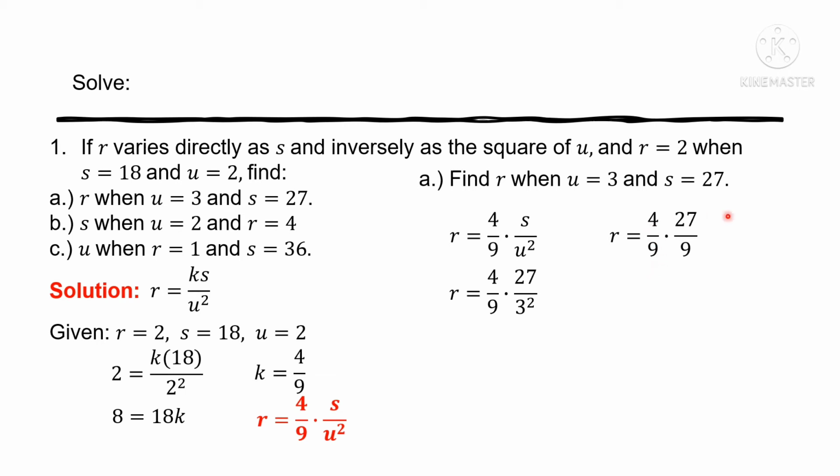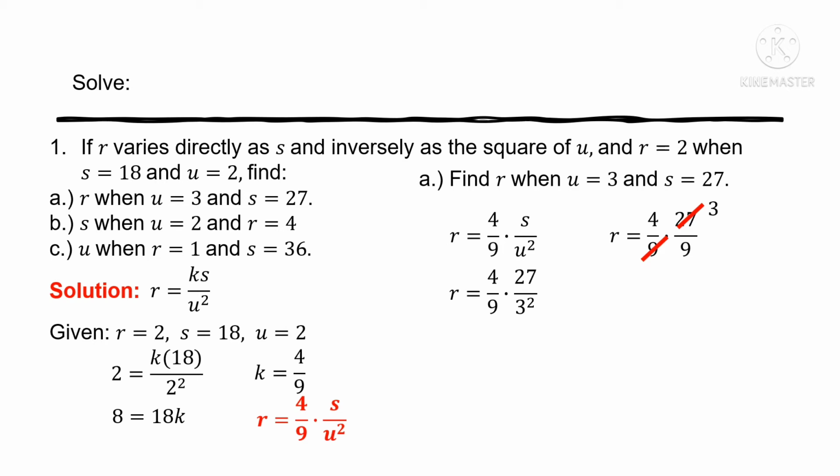So, hindi natin i-multiply kaagad. I-apply natin yung cancellation. So, yung 27, makakancel natin, kasi yung 27 at saka 9 ay pareho silang divisible by 9. Kaya yung 27 divided by 9 is 3. At saka itong 9 naman ay magiging 1.